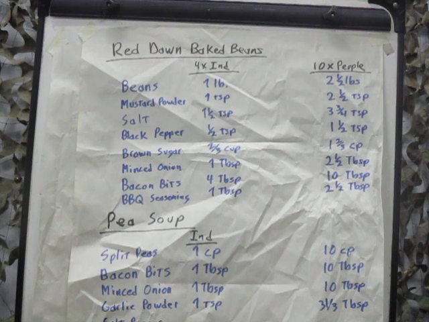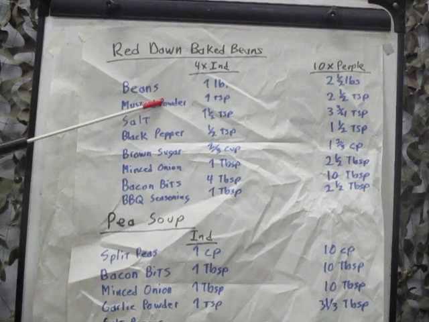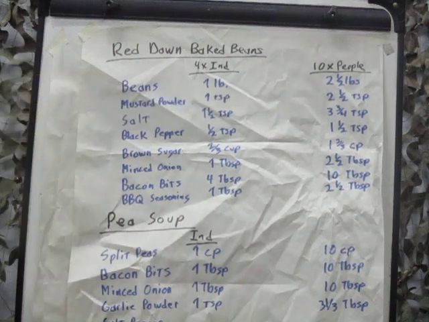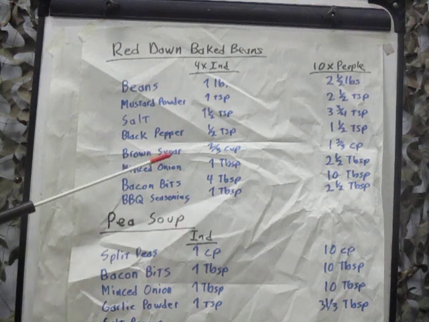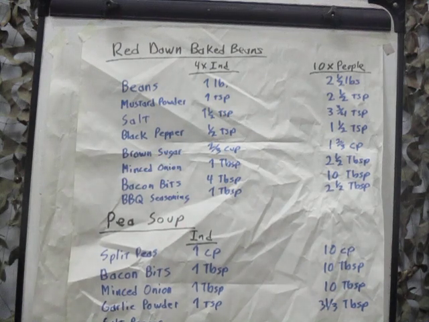Now, when you go by package, I did break this down considering logistics. So for mustard powder for 10 people, that is 1/6 of a 2-ounce container. Each 2-ounce container has about 12 tablespoons. For brown sugar, 2-pound bag, you need about half of a bag of brown sugar per 10 people.